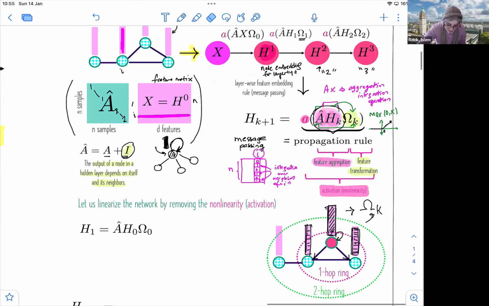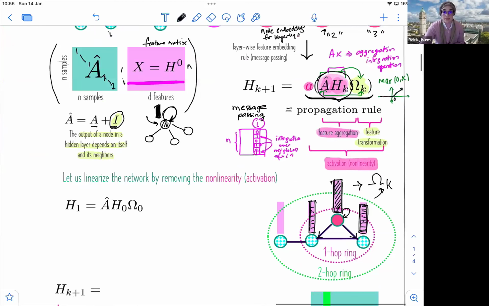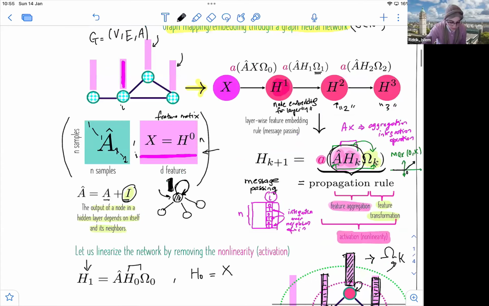Let's take a minute to write this recursive update of the network embeddings from layer to layer. Here we start with layer H1. H1 takes H0, and H0 is initialized as X, the original features on our graph.